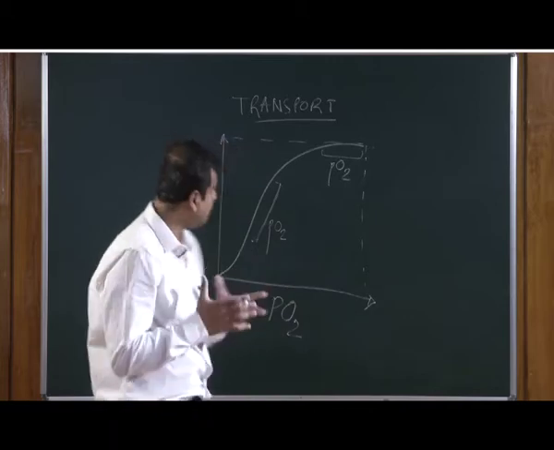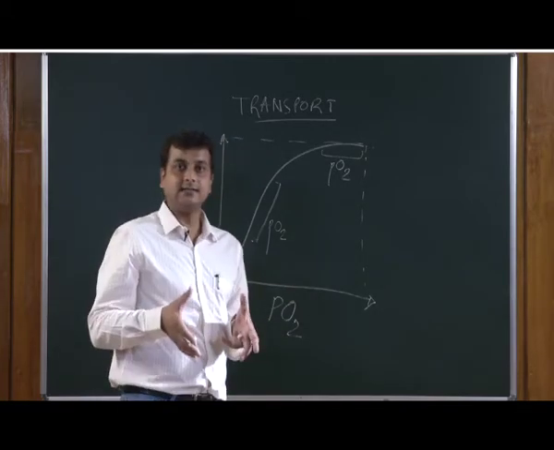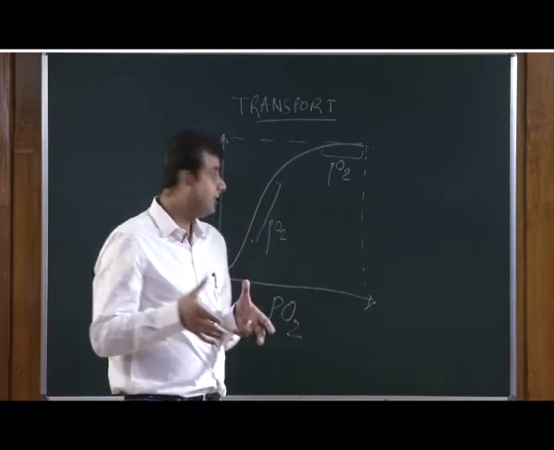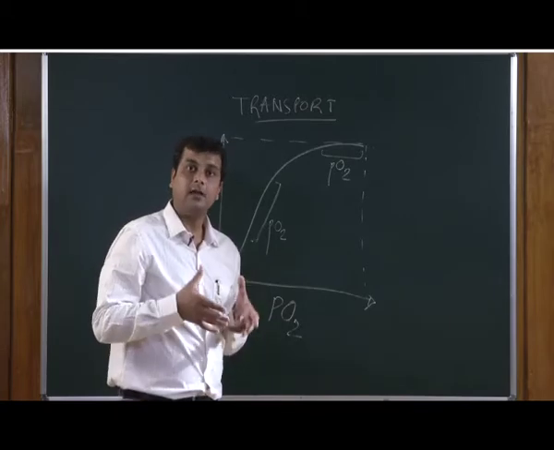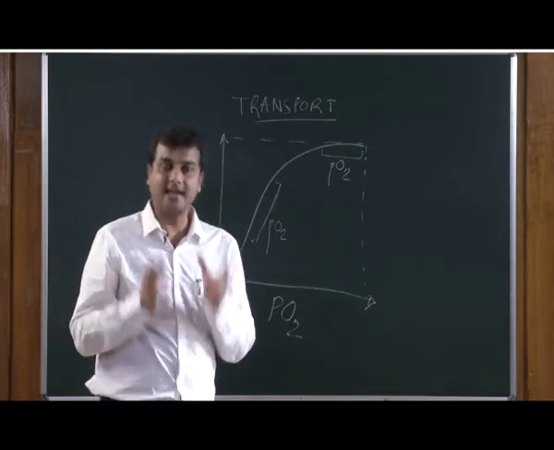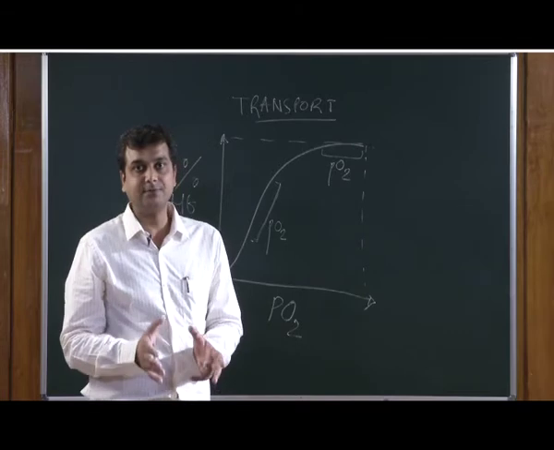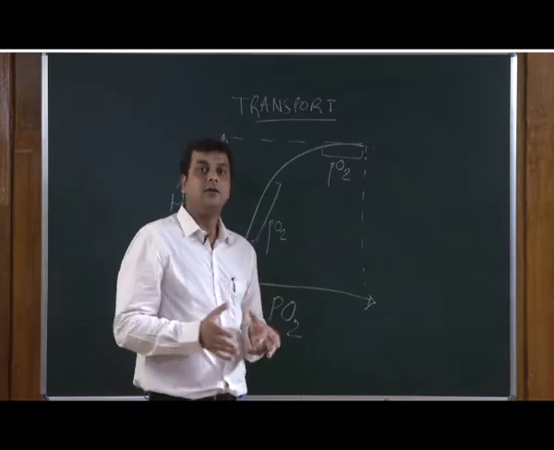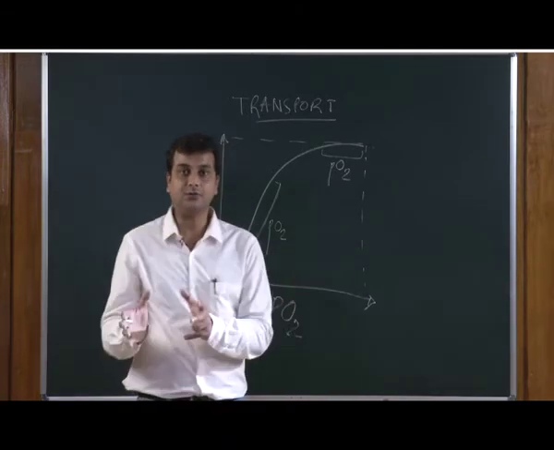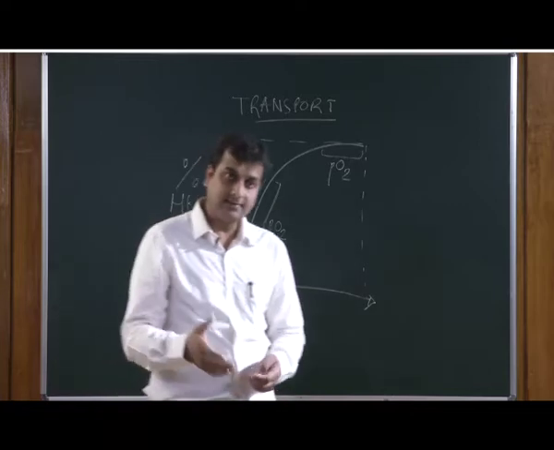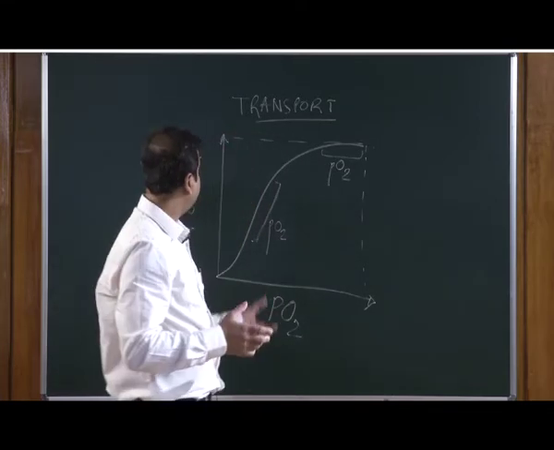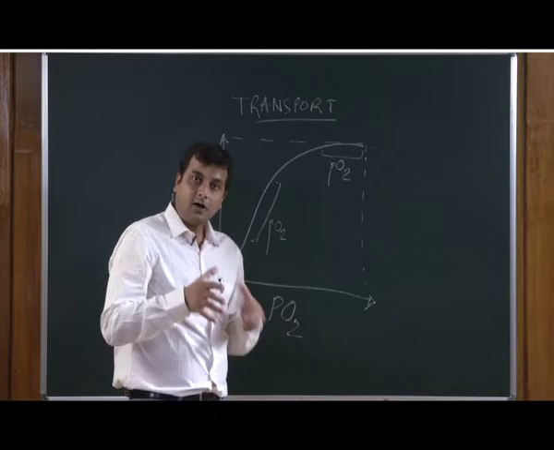The major transportation of oxygen happens in the lung cavity with the help of hemoglobin. Hemoglobin is the actual molecule that transports gaseous oxygen from the alveolar cavity to the tissue space. This is very important in understanding the transportation of oxygen.